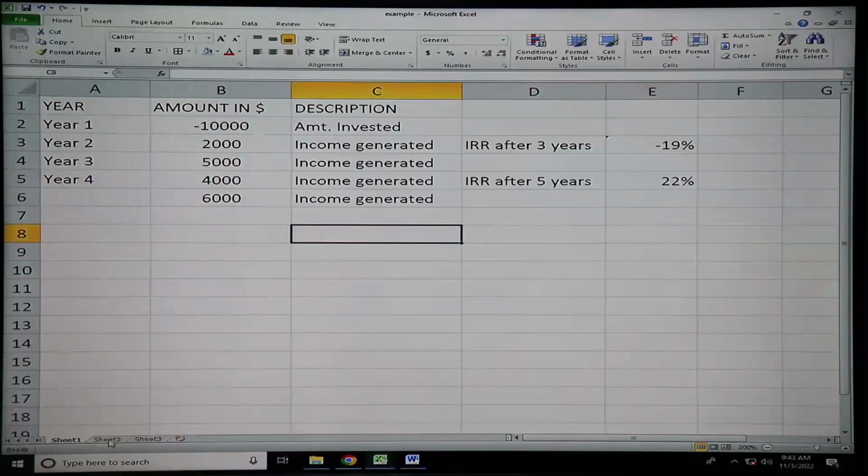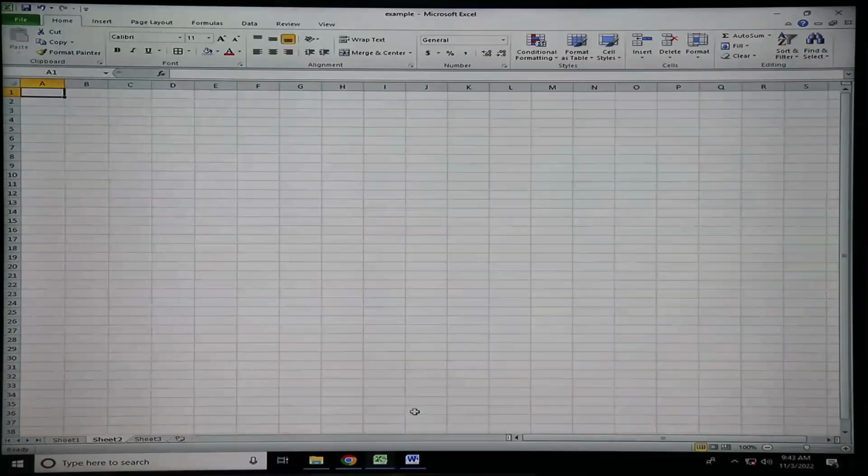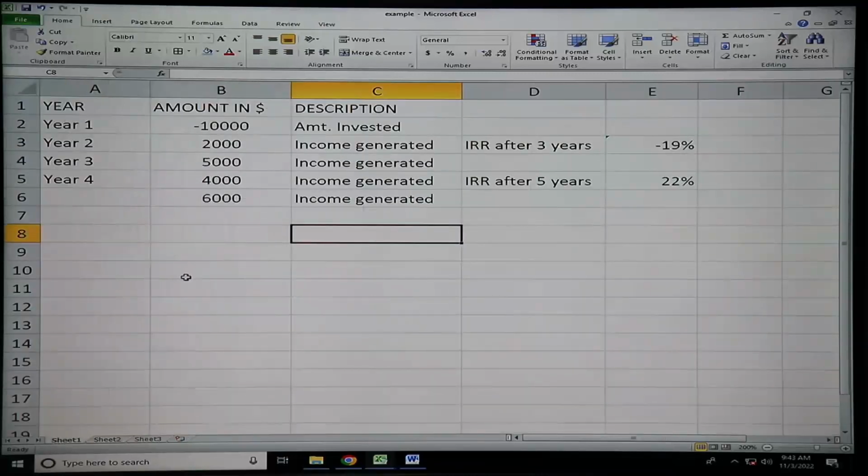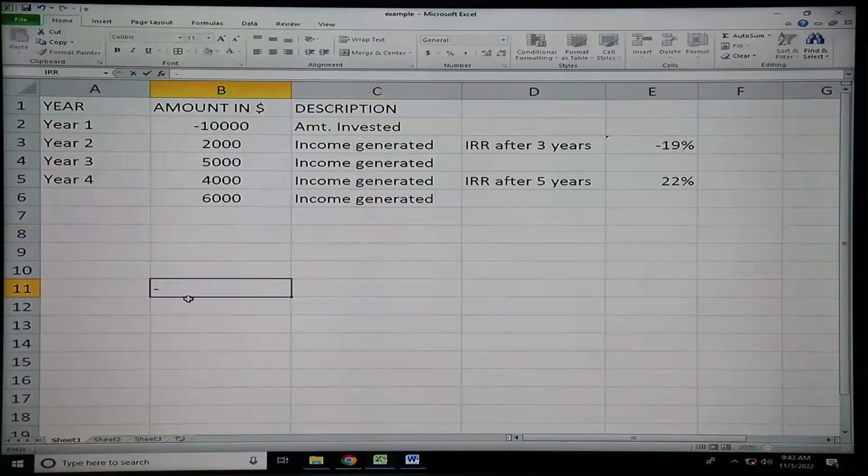I'm going to type those values in a new worksheet and see what will happen in case you don't have a negative value. Like here, I want to use another example. We are given the initial amount of 3,000.